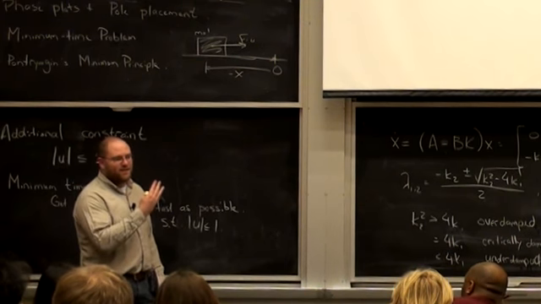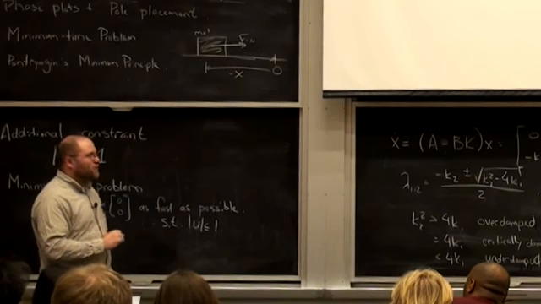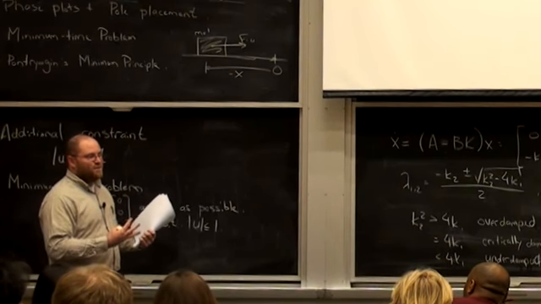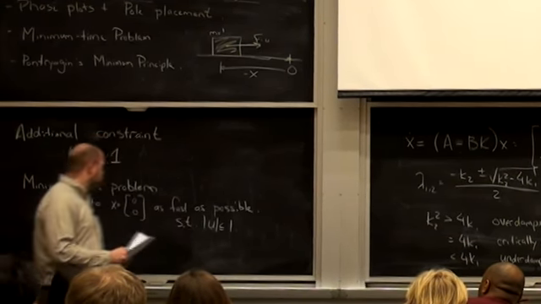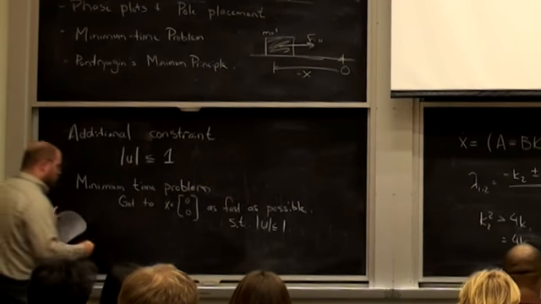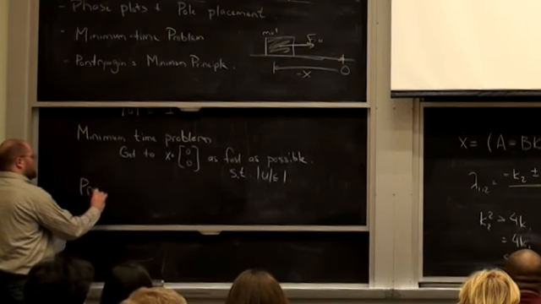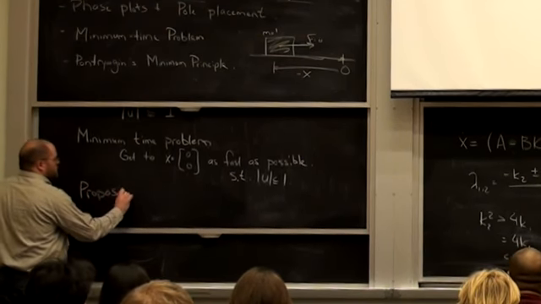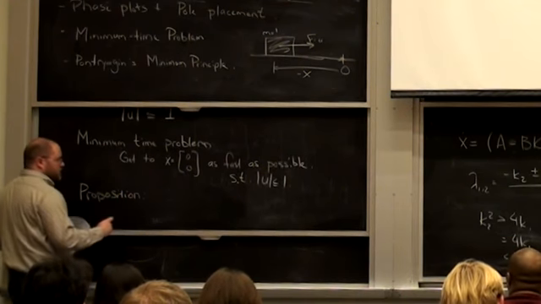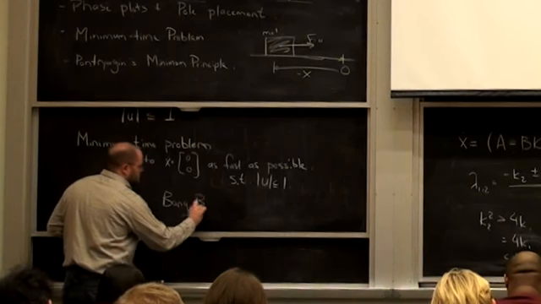You can't guess for a walking robot, for instance, okay? But we want to get that out of some machinery that's going to be more general than double integrators. Okay, so the proposition was bang-bang control.